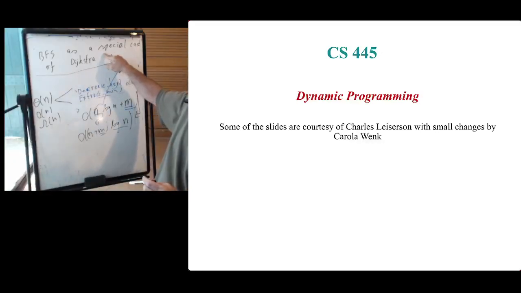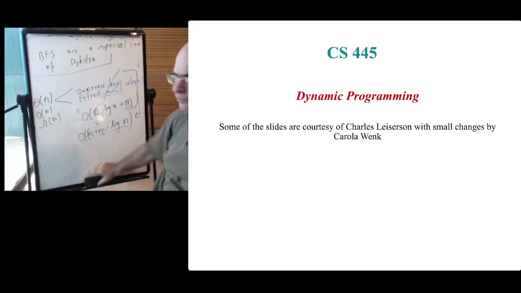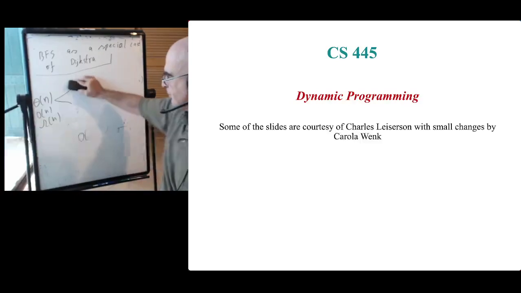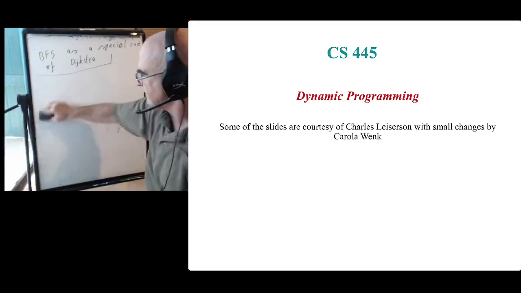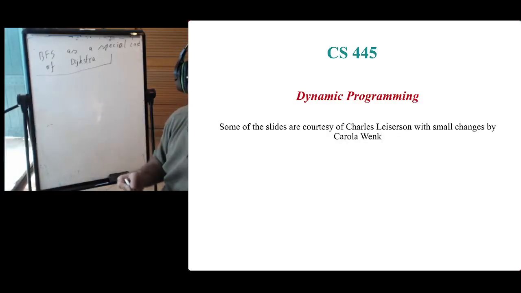Notice the order. BFS is a special case of Dijkstra, because I did use BFS to explain Dijkstra, but now I'm going the opposite way. I'm saying if all the edges have cost of 1, then BFS becomes just a special case of Dijkstra, and maybe I don't need a binary heap.